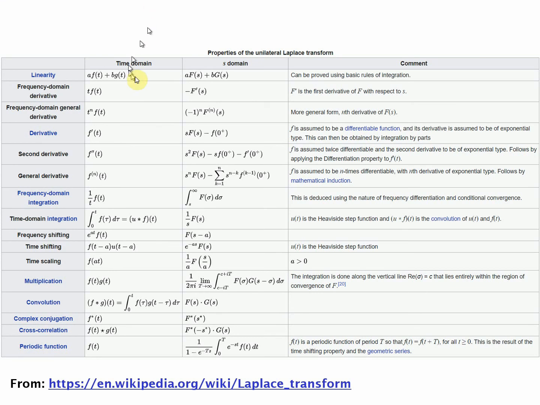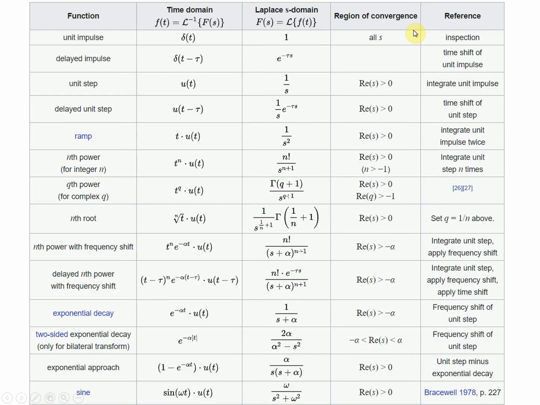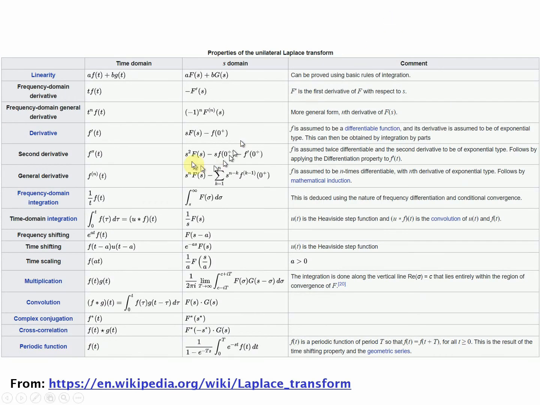I'm just going to show you the tables. And obviously I got this off Wikipedia of all the different properties. Time domain, this would be the untransformed function. This would be the transform function. Oh, excuse me. This is properties.